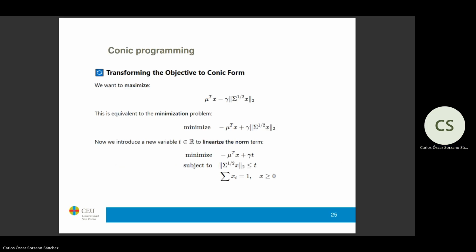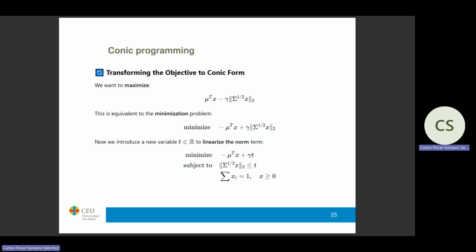Yeah. I don't get, where do you get that t from? The t is an auxiliary variable. It is an auxiliary variable that will help you transform a quadratic problem into a linear one. So t is a new variable. But it is the norm of that thing? No, the norm of x has to be smaller than t. And what is that?